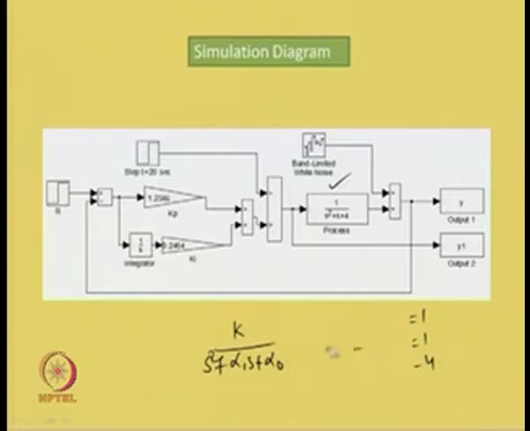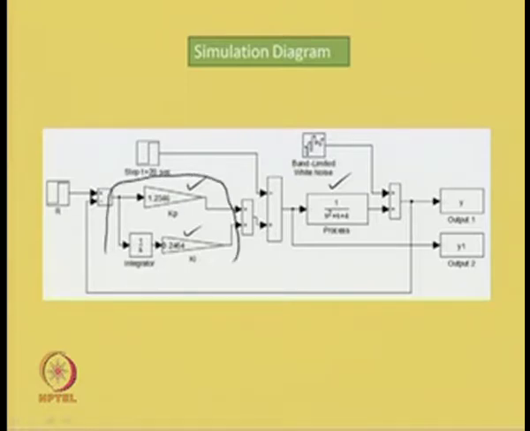Now, the PI controller is employed with Kp at 1.2346 and Ki at 0.2464. So, this gives us the PI controller dynamics. We have the PI controller over here in the forward path for the process.